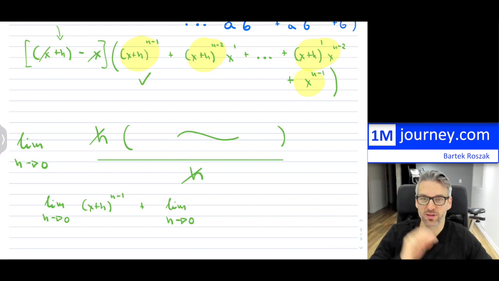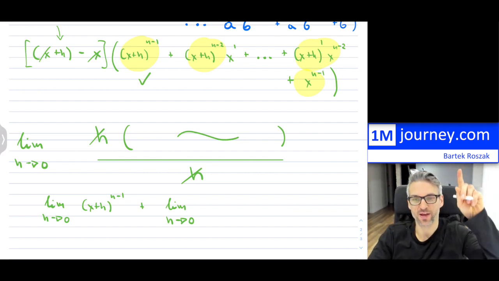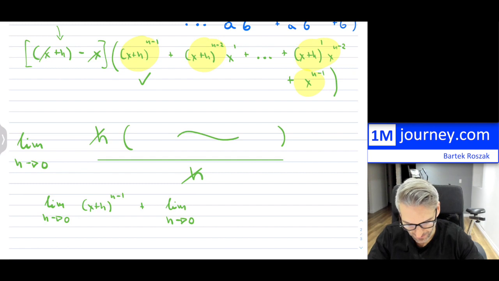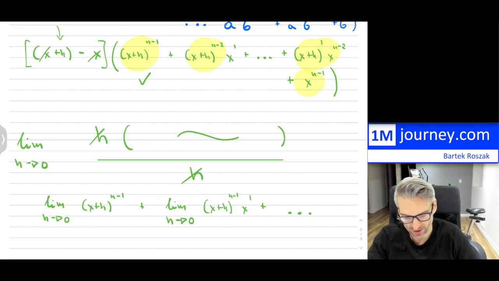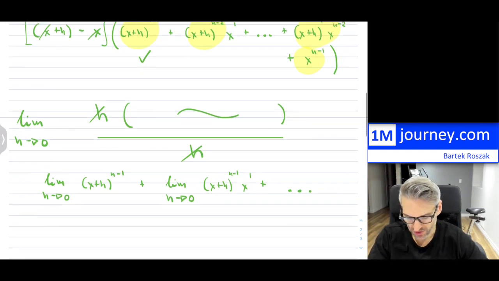If you don't remember the limit properties, I'll put up a link above. It's another calculus item. And then this is going to be the next one, (x + h)^(n-2) times x^1, plus dot, dot, dot. I don't want to be rewriting all of these. I think you get the gist.